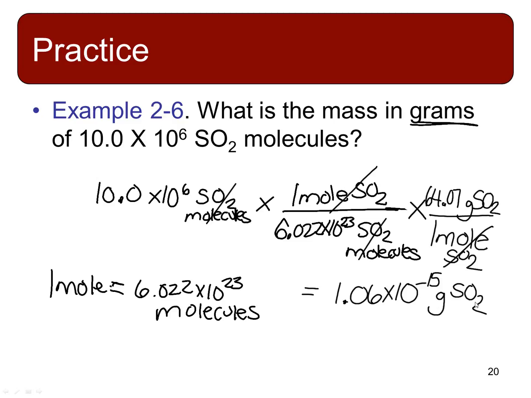Okay, so once again, this shows you that in a very small amount, times 10 to the negative 15, so that's a very small mass, we still have 10 to the 6 molecules contained in that very small mass. That's why we have to look at these as moles instead of grams.